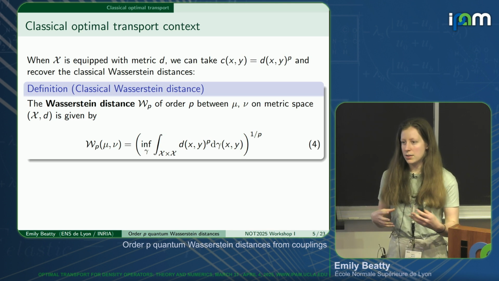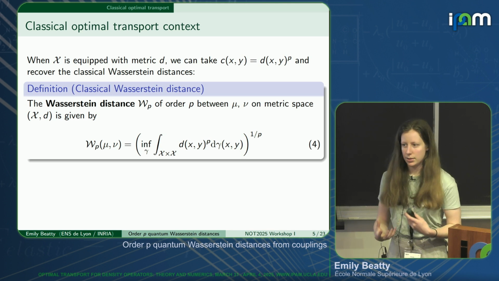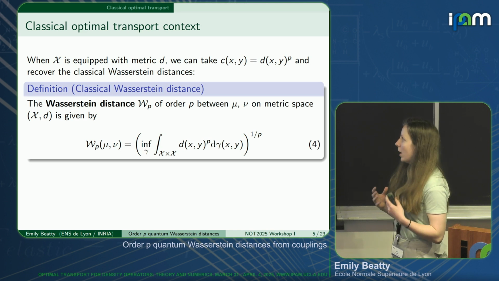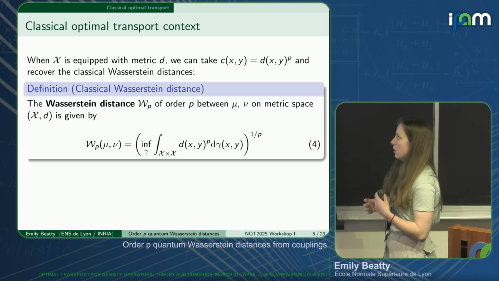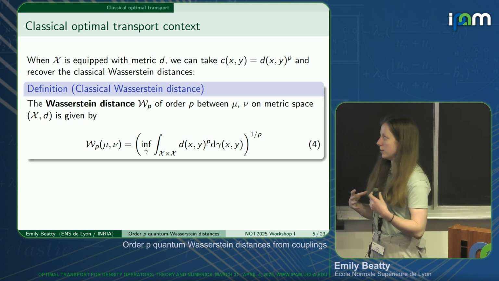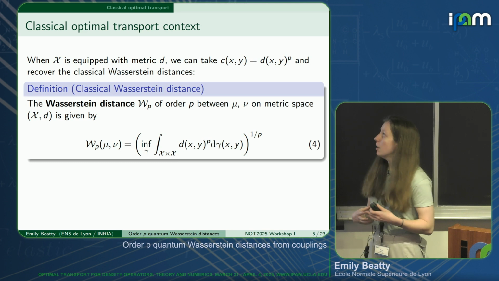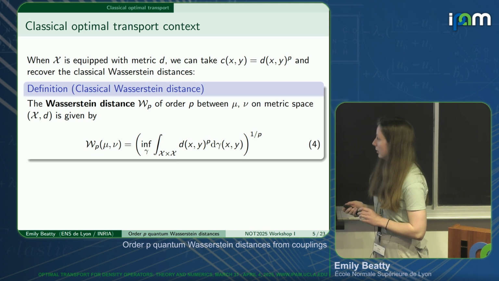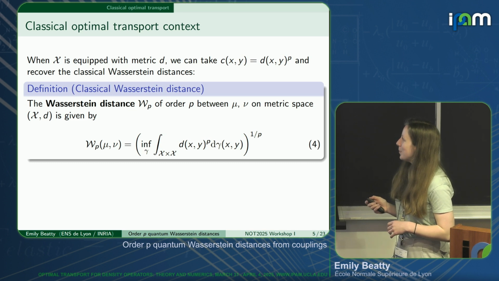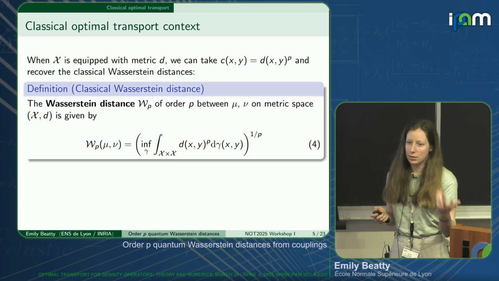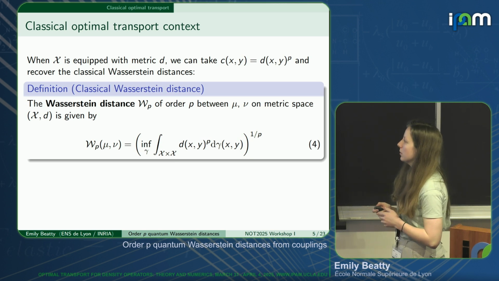The case that we most often care about classically, for applications and general study, is what happens when your cost comes from a metric. When you equip your measurable space X with a metric, you can take the cost to be the pth power of your metric, which is a natural thing you might choose as a cost.